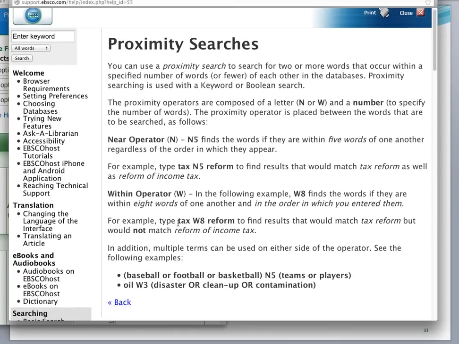For example, you type tax W8 reform to find results that would match tax reform but would not match reform of income tax. Why? Because they are within eight words but not in the order in which you entered them. So you can see the difference, the near operator and the within operator.